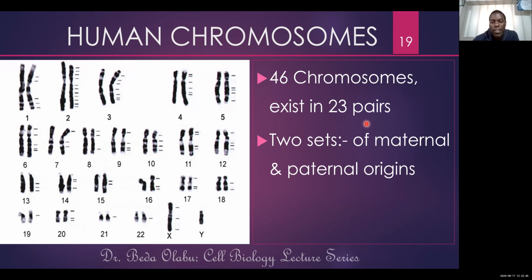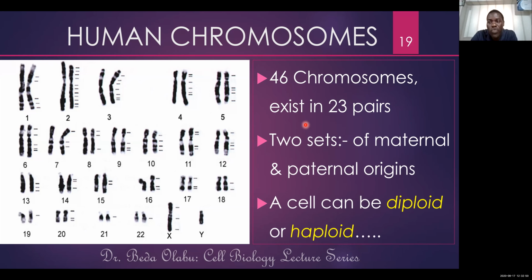Having said that, when a cell has 46 chromosomes, we describe that cell as being diploid. When a cell has 23 chromosomes, we describe that cell as being haploid. So diploidy is when you have two sets of the chromosomes.